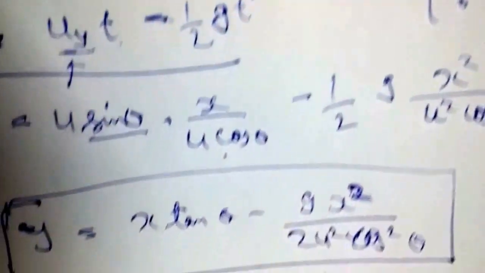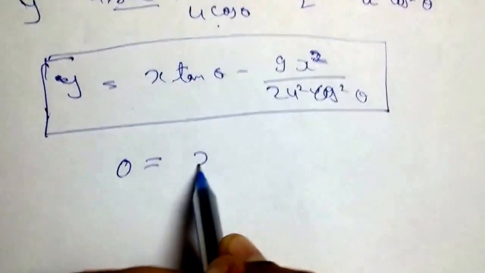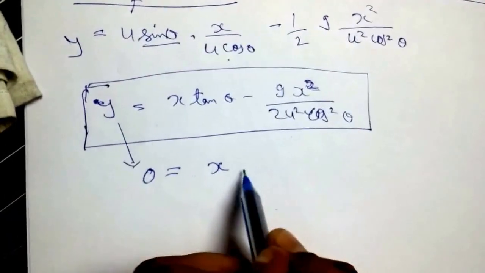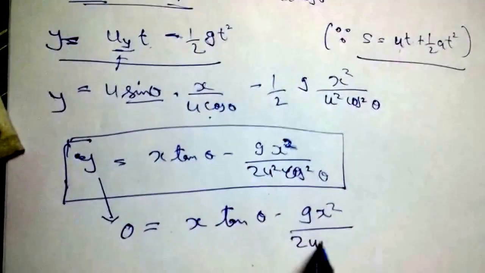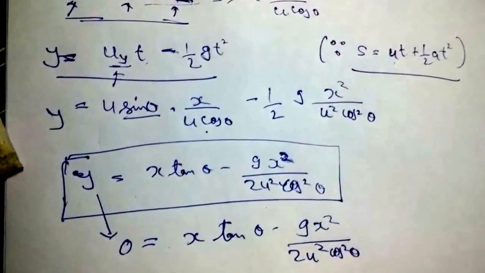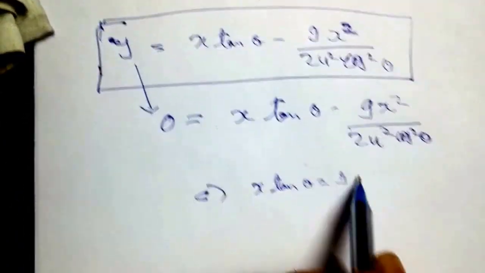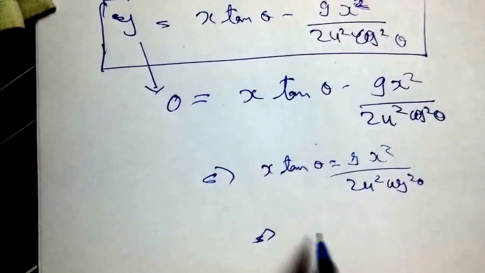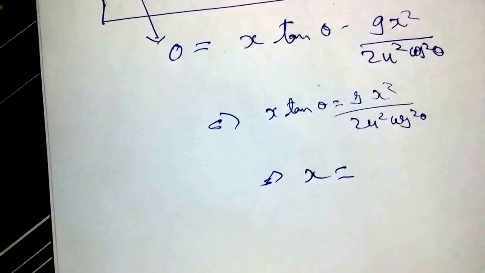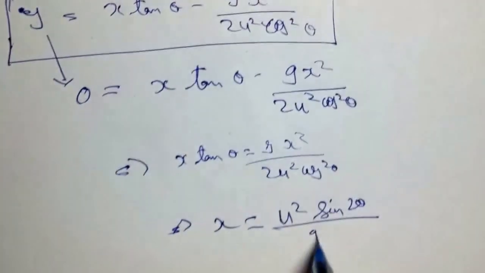Suppose the ball is reaching over this position, so its vertical distance would be 0 at that time, so y equals 0, that is x tan theta minus g x square upon 2 u square cos square theta. So x tan theta equals g x square upon 2 u square cos square theta. If you simplify this, you will get x equals u square sine 2 theta by g.